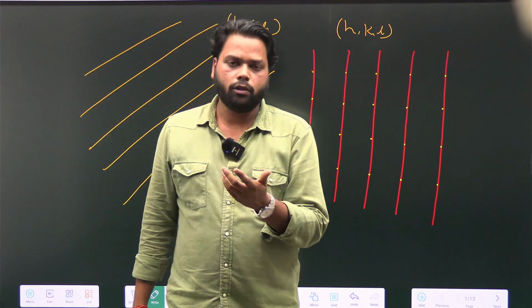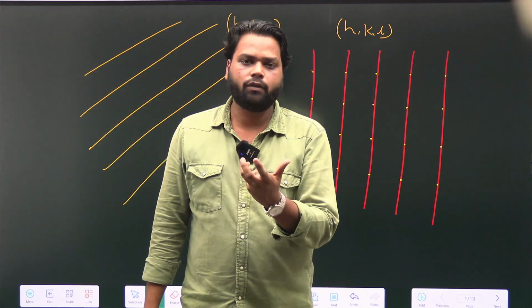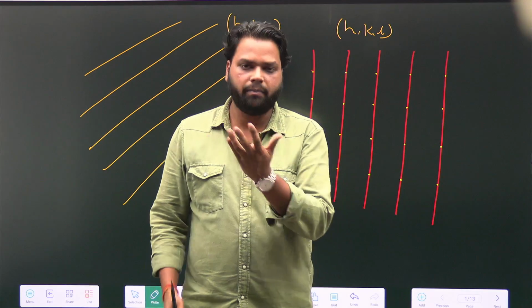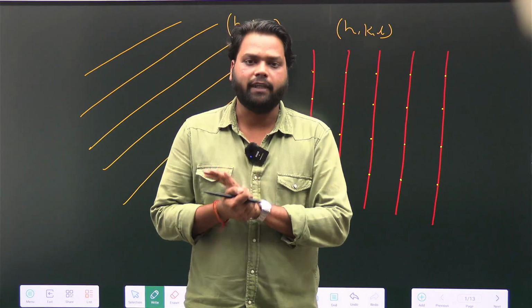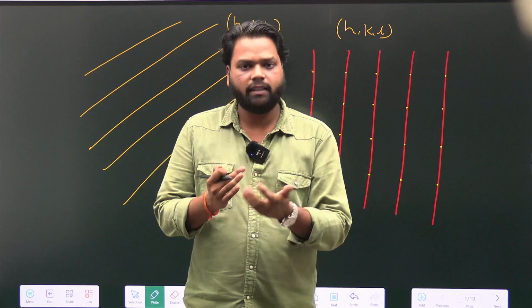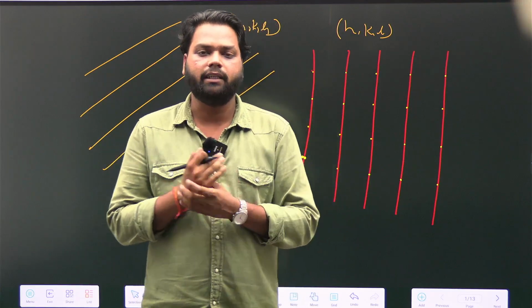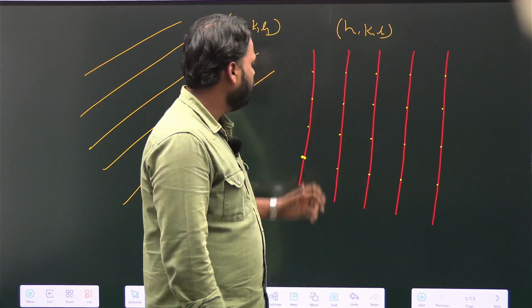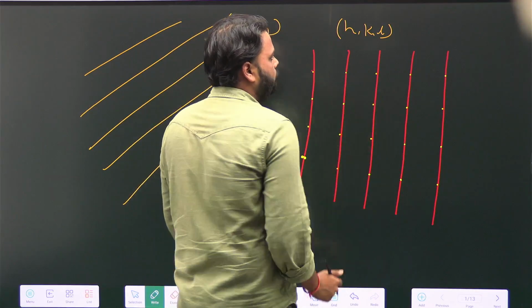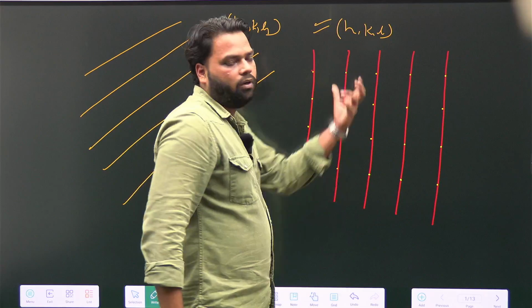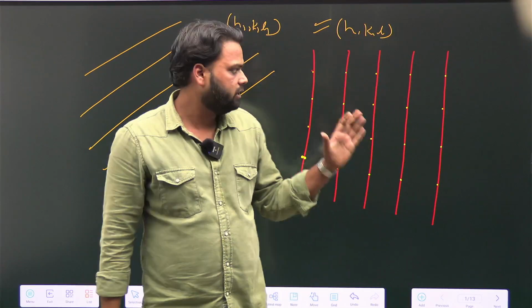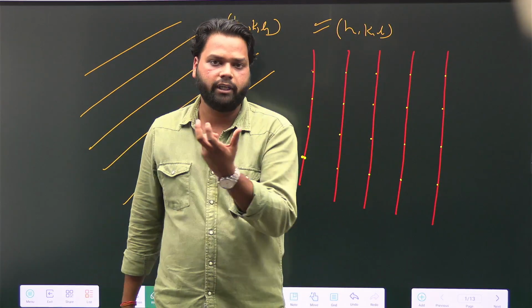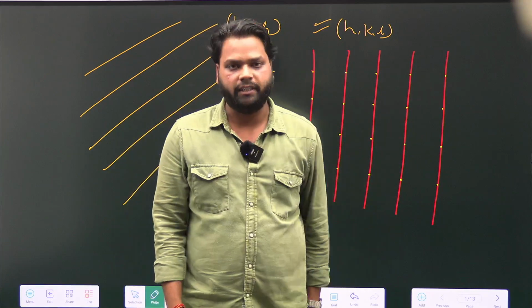But if you have to define this set of planes mathematically, how will you define it? For defining this set of planes, we need Miller indices. Miller indices will tell that these all are parallel planes. So H1, K1, L1 or HKL should be our Miller indices, three coordinates which will define these sets of planes.